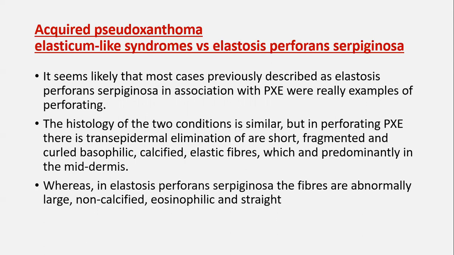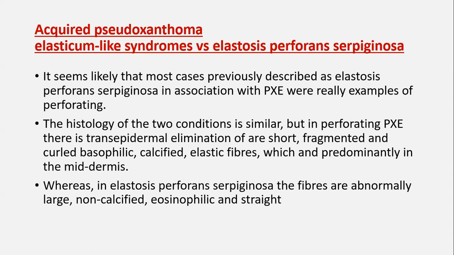The histology of the two conditions is similar, but in perforating pseudoxanthoma elasticum, there is transepidermal elimination of short, fragmented, and curled basophilic calcified elastic fibers, predominantly occurring in the mid-dermis, whereas in elastosis perforans serpiginosa, fibers are abnormally large, non-calcified, eosinophilic, and straight.